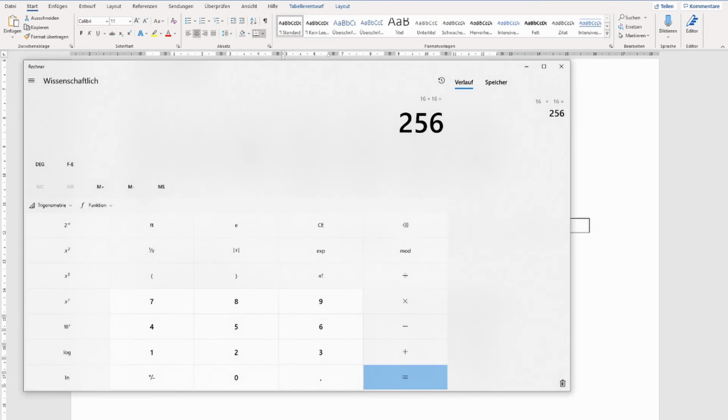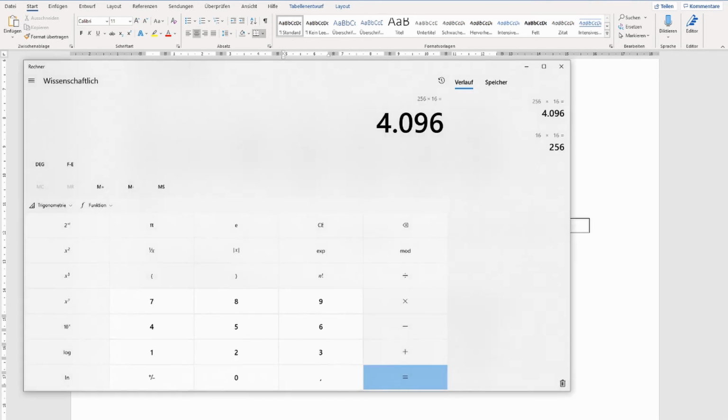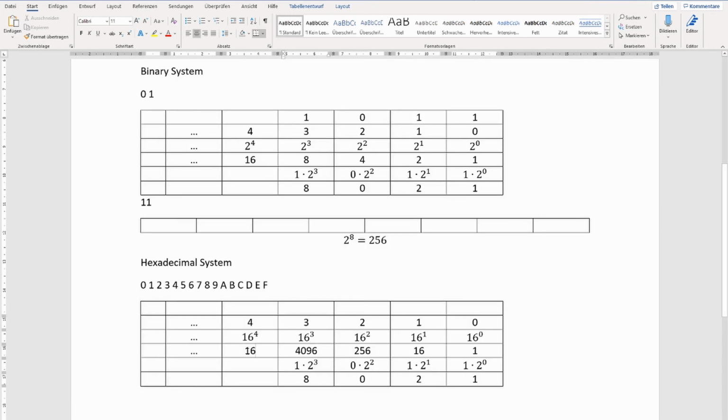Multiplied by 16. 4096. Multiplied by 16. 65,536. That's the value.